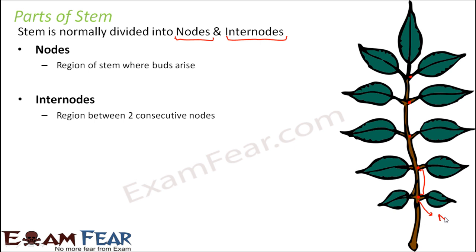So this is node, again this is node, again this is node, but this portion is internode. Again this portion is internode. Right? So those points on the stem from where buds or branches or leaves can arise are known as nodes, and the region between any two successive nodes is known as the internode. So in a stem you will always have one node, then internode, again one node, then internode, again one node, then internode, and so on.